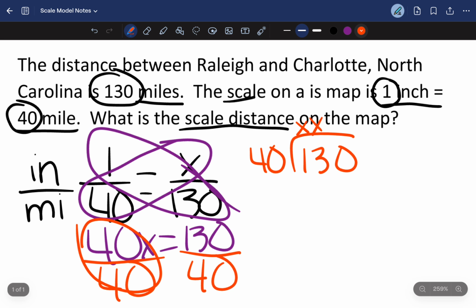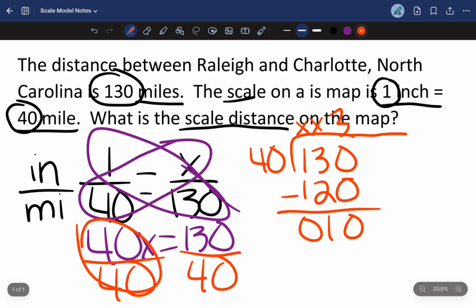goes in 0 times. Now if I skip count 40s, it goes in 3 times. So I'm going to subtract 120 for a remainder of 10. I'm going to extend the line for my quotient. Going to add a decimal and a 0, and I'm going to bring that 0 down. So now it is 100.